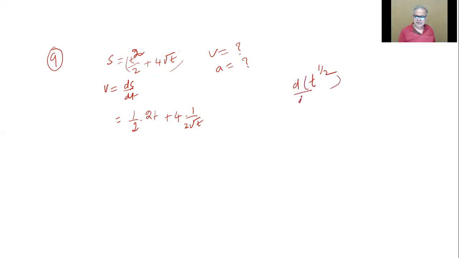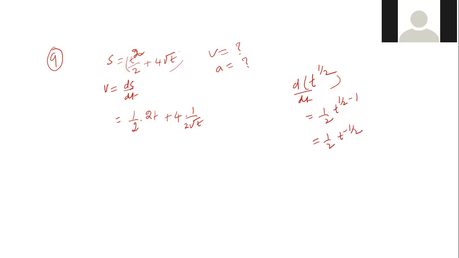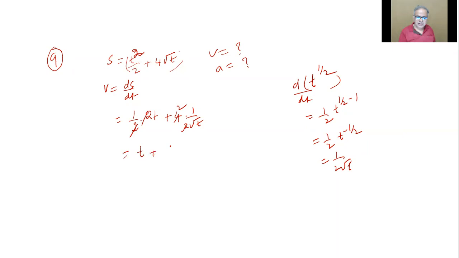Half into t to the power half minus 1. So is it not 1 by 2 root t? I wrote that. So 2 gets cancelled. What do I get? V equals t plus 2 by root t.